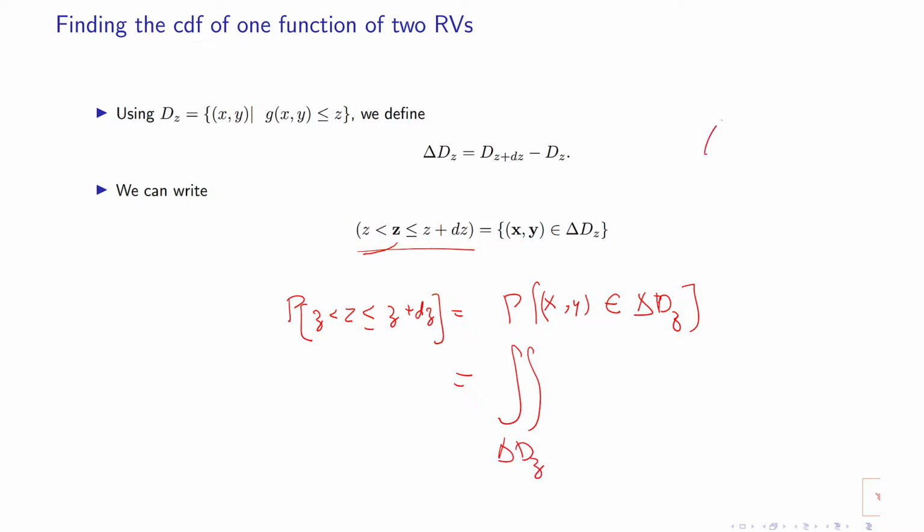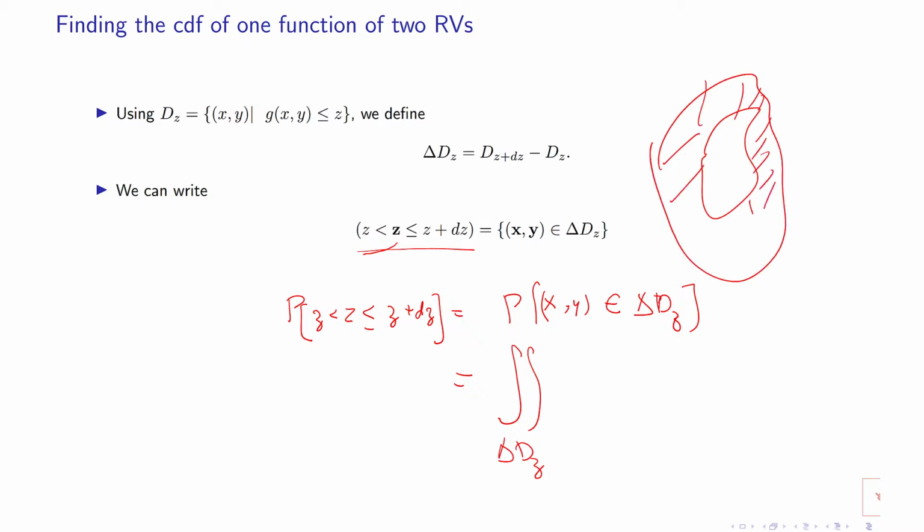Remember that we have two sets: this is Dz and this is delta Dz. So you calculate the integral over the difference of f_XY of x and y, dx dy.